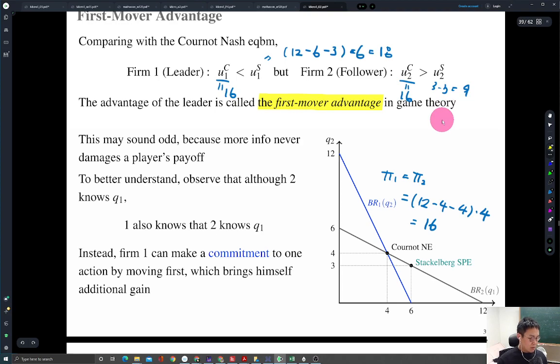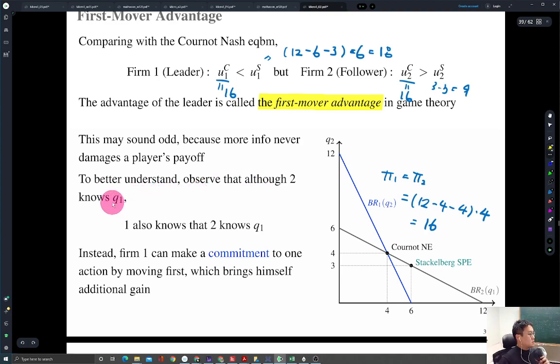Okay, so to better understand the intuition behind this striking result, now observe that although firm 2 has additional information, when he makes a decision, he can observe Q1, so firm 1's decision about quantity. Okay, so firm 2 knows Q1. But that fact is not private information.